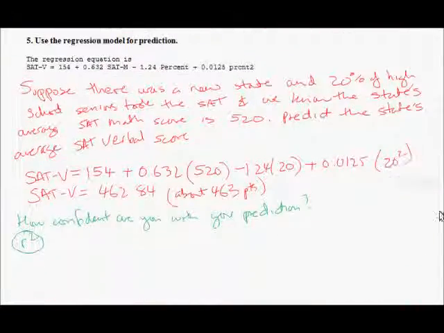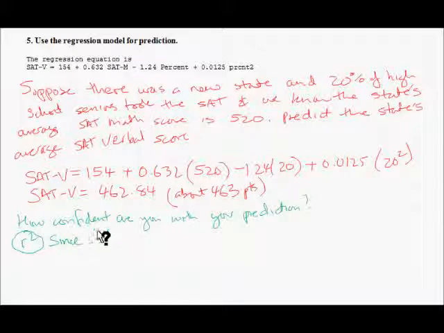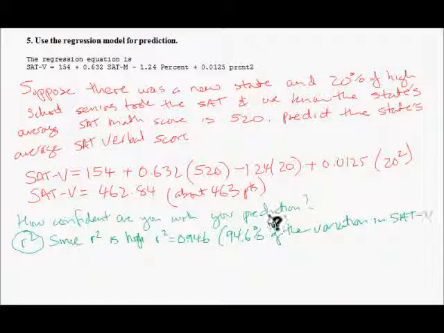So here, since R squared is high, R squared was 0.946. 94.6% of the variation or differences in the Y, the SAT verbal, is explained by the model, or the equation.